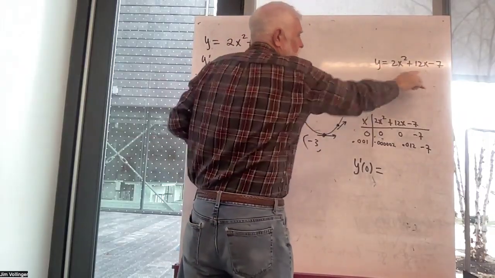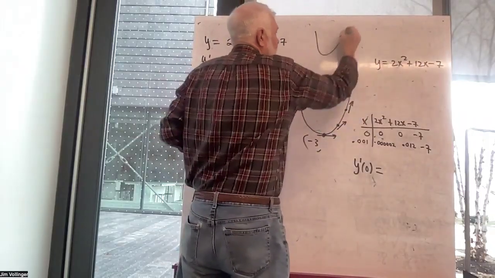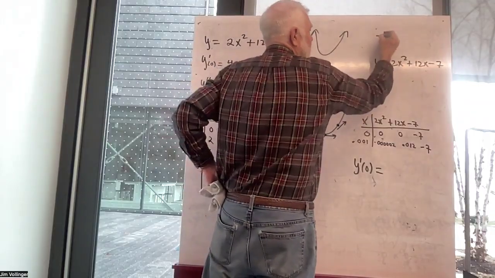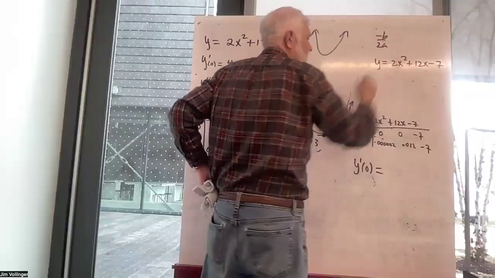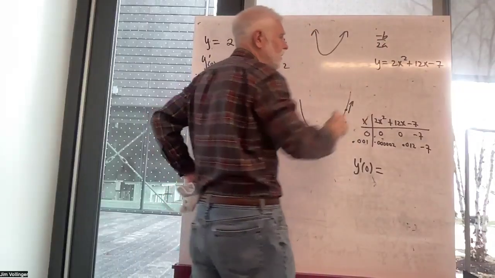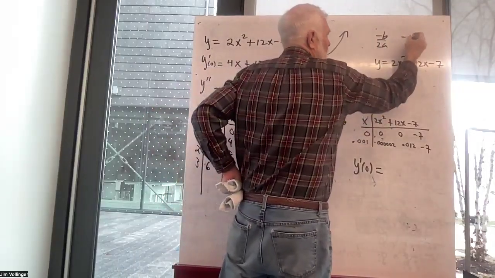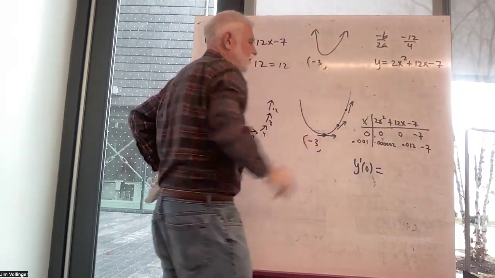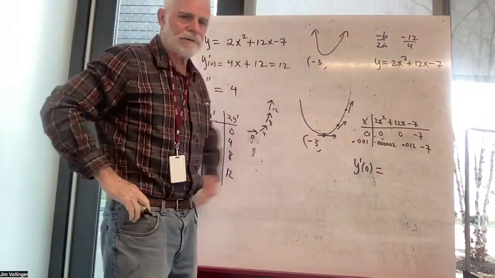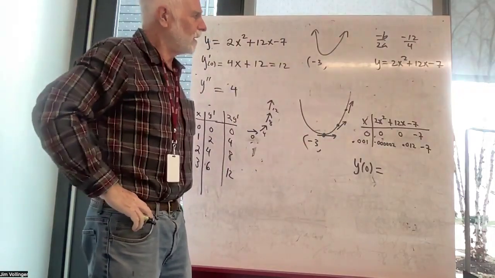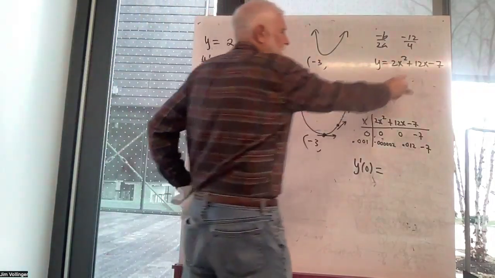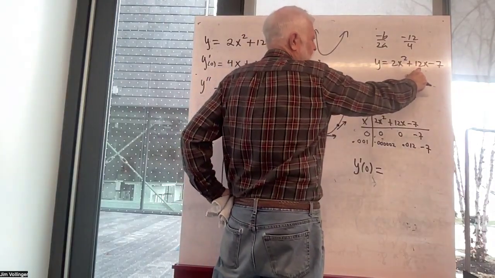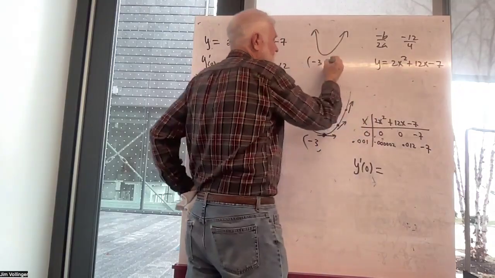So how did we do this? Well, we said, oh, we know we have that shape. We've done enough of them to know that shape. We did minus b over 2a, I almost said 3 because we're starting to work with the cubic. So that's minus 12 over 4, 2 times 2. Oh, -3, what a coincidence. And if you put -3 in, you get -36, cut in half, -18, -7, -25.